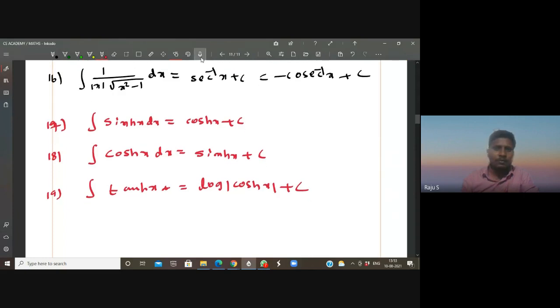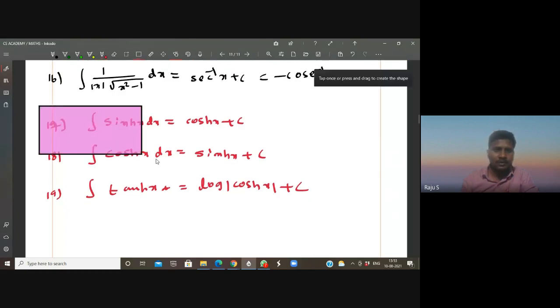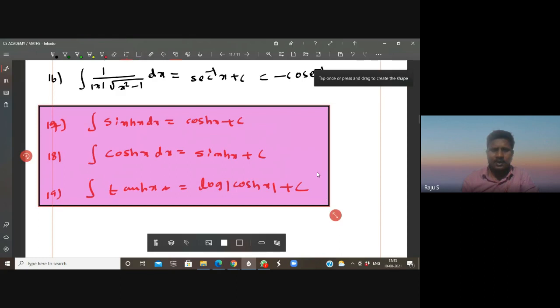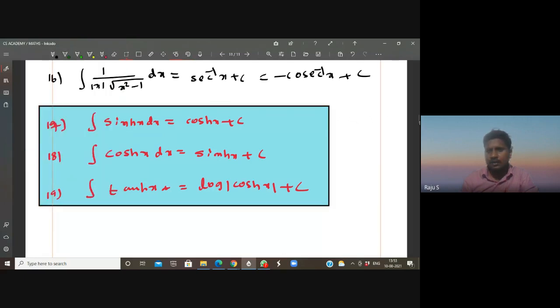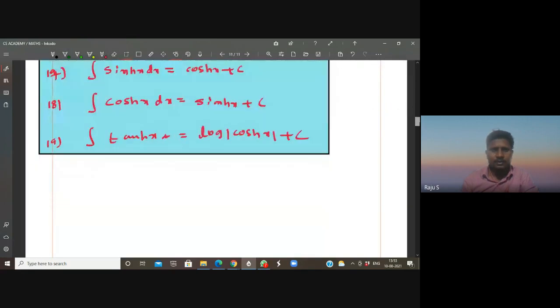Don't worry about these hyperbolic functions. We will discuss them later. In NCERT, we may not have questions related to hyperbolic functions, maybe in rare cases they may ask. Just these 3 formulas you have to remember.